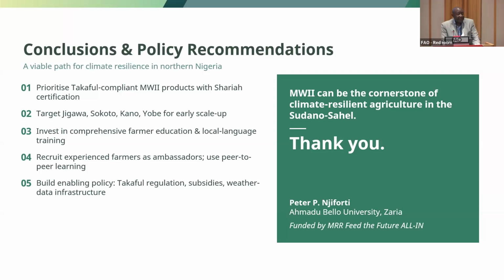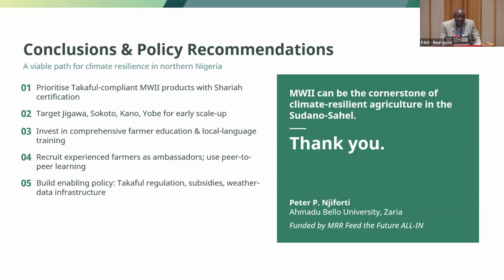And then target those key states that show strong willingness by the participants to participate in the mutual weather index insurance. And then invest in comprehensive farmer education and local language training, because we realized that those with strong educational background indicated high willingness to participate in future mutual weather index insurance.